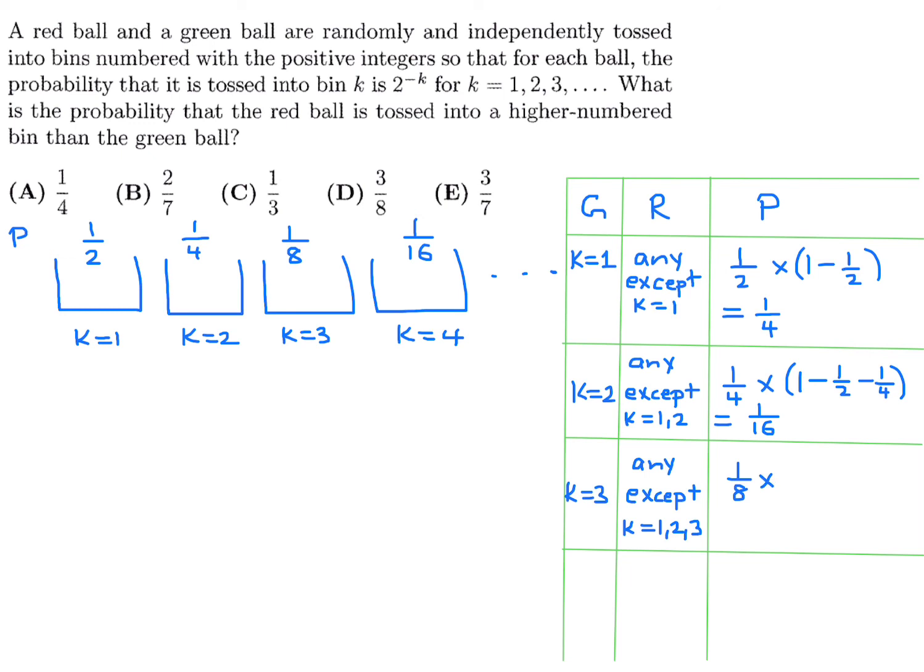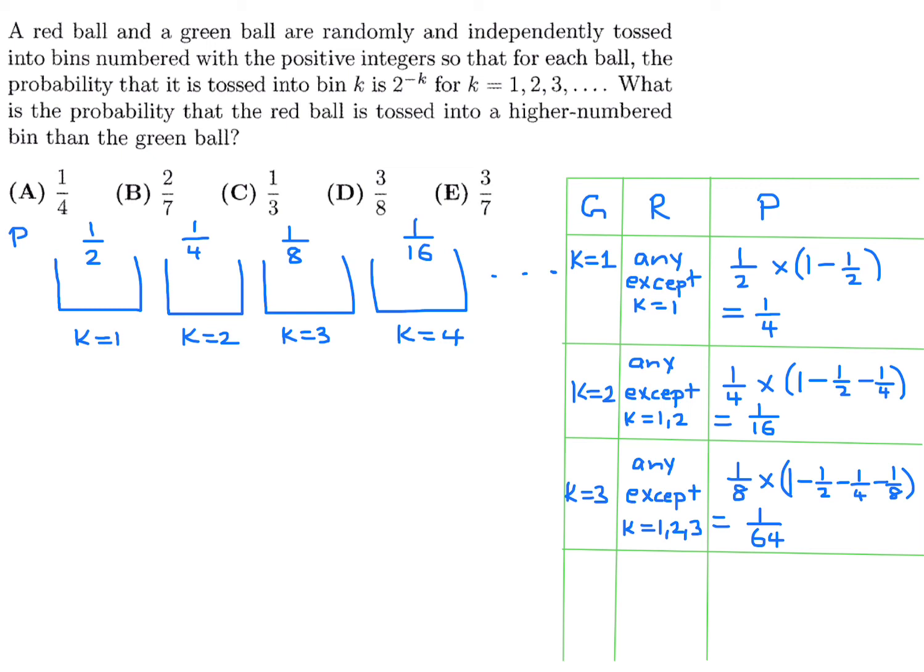And then the probability that R goes into any except 1, 2, 3. So 1 minus these 3. So 1 minus a half minus a quarter minus 1/8. And that number here is 1/8 when you do those fractions. So it's 1/8 times 1/8, and that is 1 over 64.